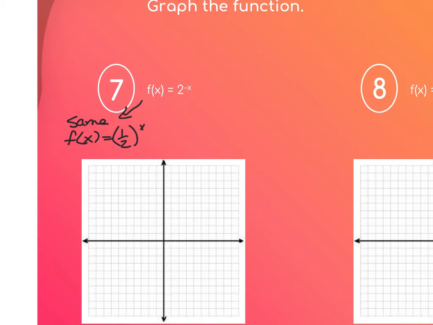These are going to end up being the same graphs. Now, coming up in another slide after this, this negative that's in here with the exponent is indicating that this graph is going to be a reflection across the y-axis.